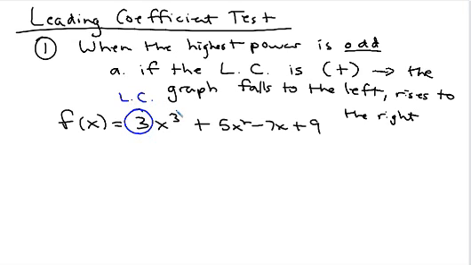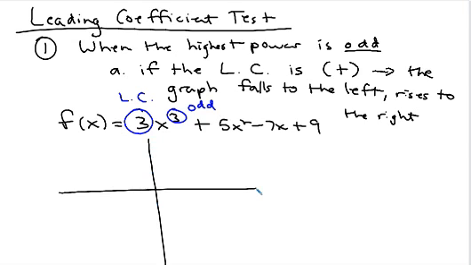And the highest power is odd. So I know that this function is going to fall to the left and rise to the right. Now, I'm not real sure what it's going to do here in the middle. But it is going to go down to the left and up to the right. All right? And we could verify that with the graphing calculator.